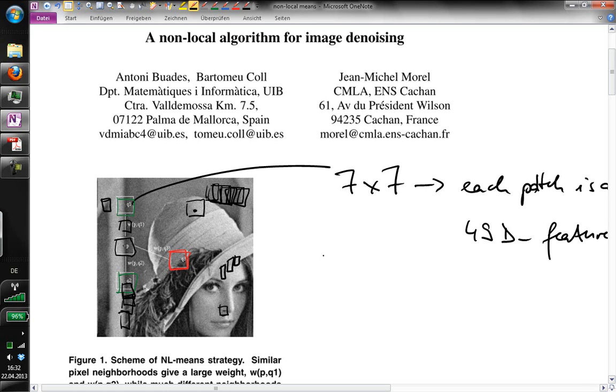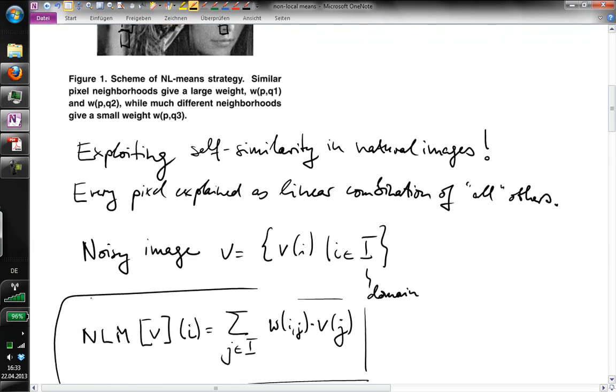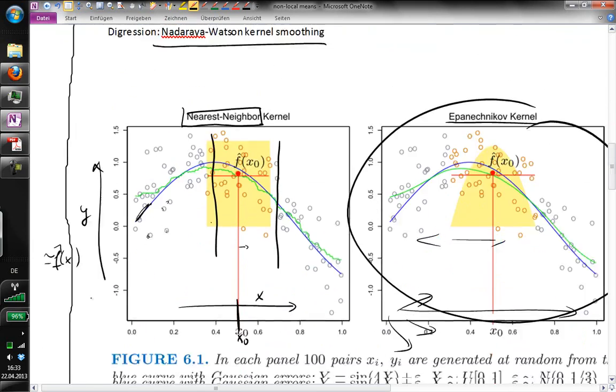Whereas, if you take this example here, this patch has very many different patches. Let's say we find 100 patches that are equally similar and all the rest are dissimilar, then each of these would get a weight of 1/100th and the rest would get 0. Normally similar or dissimilar is not a binary thing, but we use this Gaussian function to achieve this weighting.